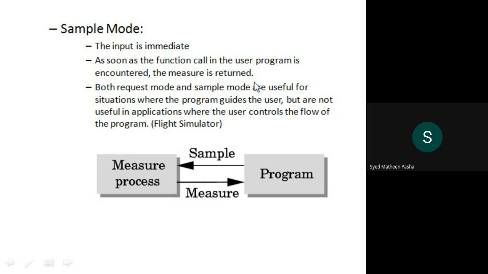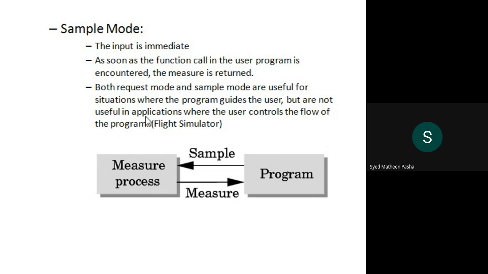Both request mode as well as sample mode are useful for situations where the program guides the user. Check out this point. That is, the program gives instructions to the user, but they are not useful in applications where the user controls the flow of the program. When are these modes useful?